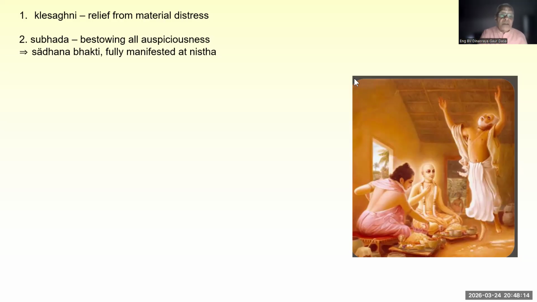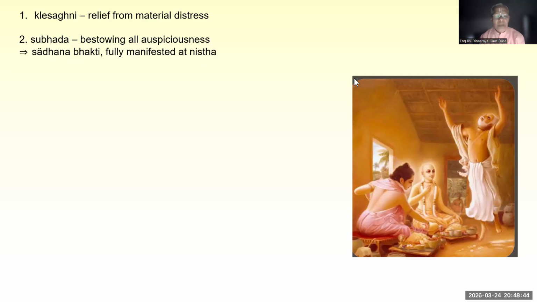And what are our kleshas? We are here because of these kleshas, only miseries, because we wanted to enjoy independent of Krishna. That is why we are suffering from miseries. At the time of birth, when we come in contact with material nature, the soul gets contaminated, and that is the beginning of the miseries.